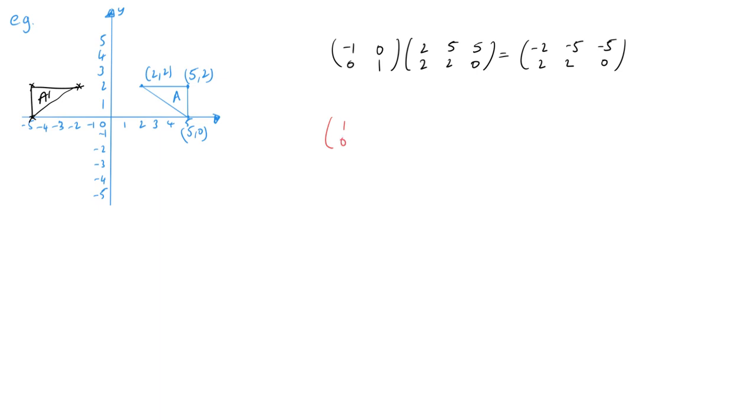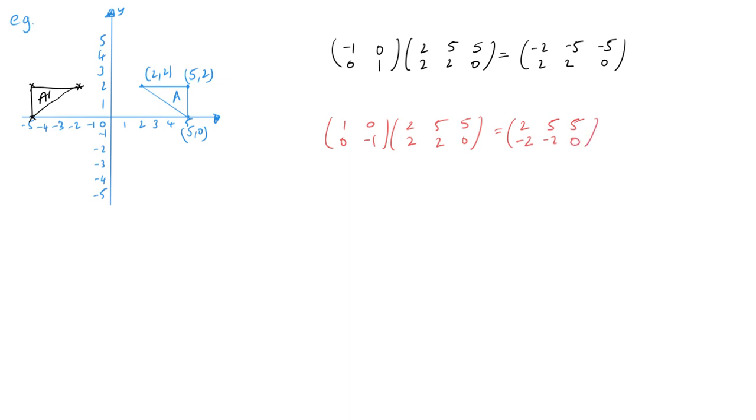Okay, let's do a reflection in the x-axis. So 1, 0, 0, minus 1 times each of these. Now we go across and down, so it's going to be 2, 5, and 5, and then 0, minus 2, 0, minus 2, 0, and 0.